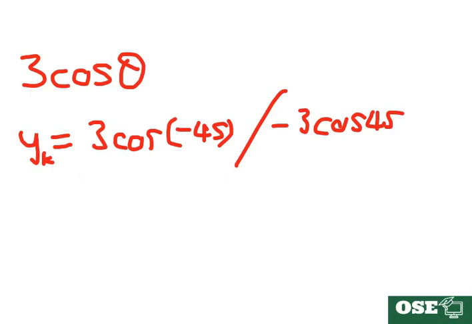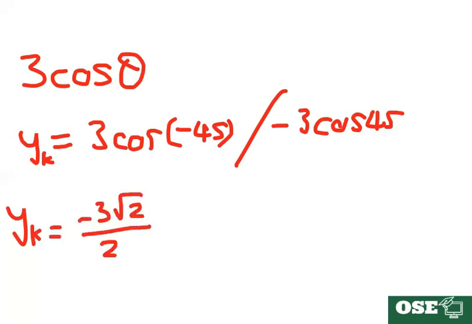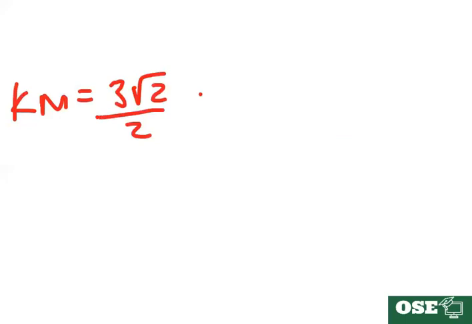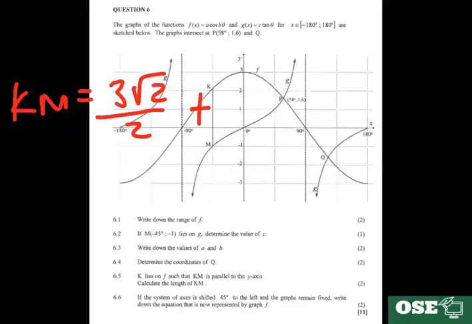You guys also get negative 3 square root of 2 over 2. Yes, ma'am. So that means the distance of KM is going to be 3 square root of 2 over 2 plus 1.